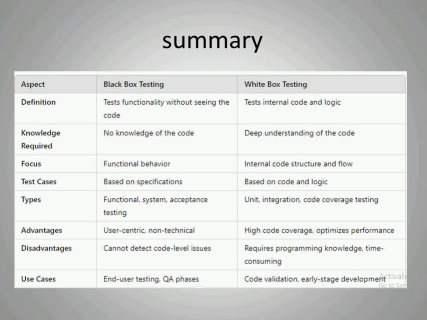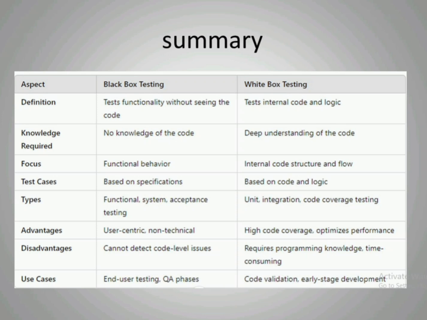Focus. Black box testing, functional behavior. White box testing, internal code structure and flow. Test cases. Black box testing, based on specifications. White box testing, based on code and logic.